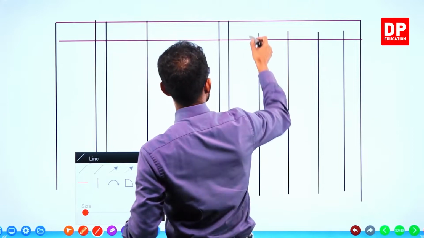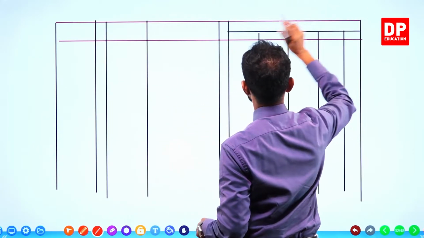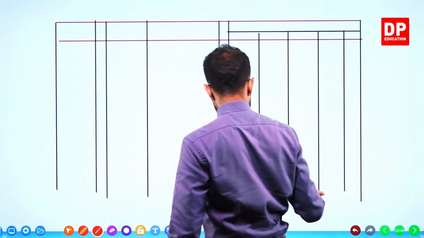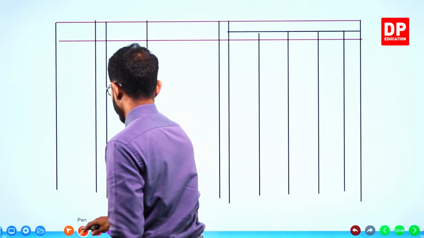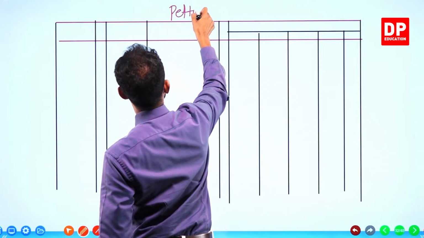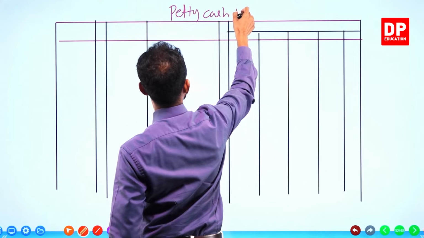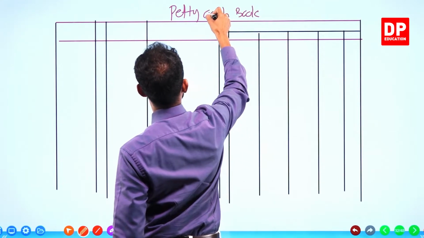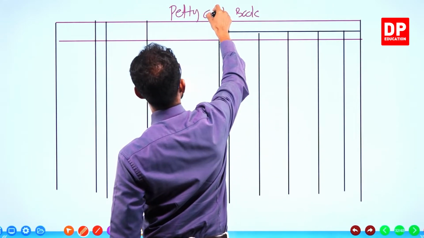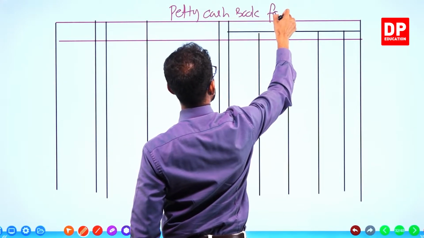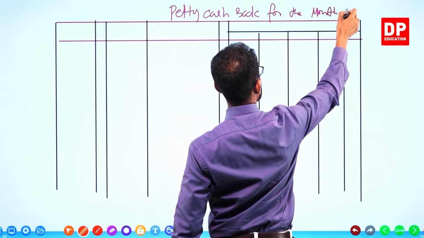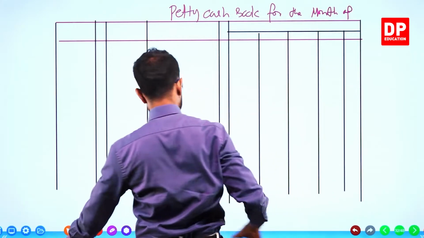Perfect. Let's write it down. Petty cash book for the month of what?